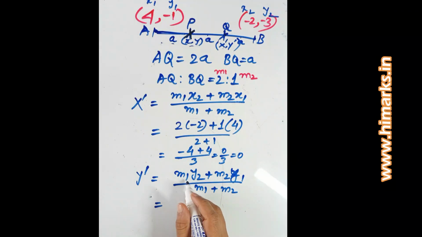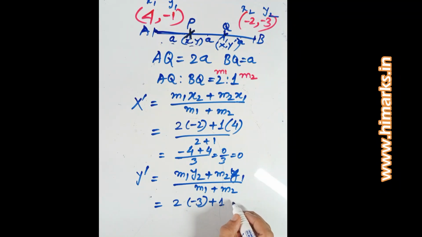So m1 is 2, y2 is -3, plus m2 is 1 and y1 is -1, by 2 plus 1.